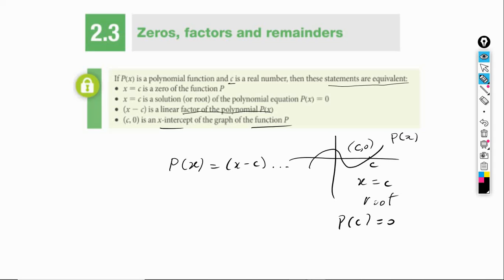If we call this coordinate a comma 0, the point A, and this one B, then we could say that p of x would equal x minus a times x minus b times x minus c. This supposes a degree 3 polynomial with 3 x-intercepts.